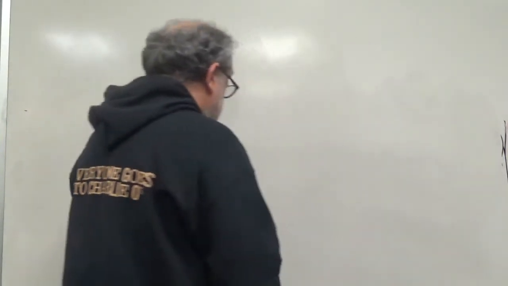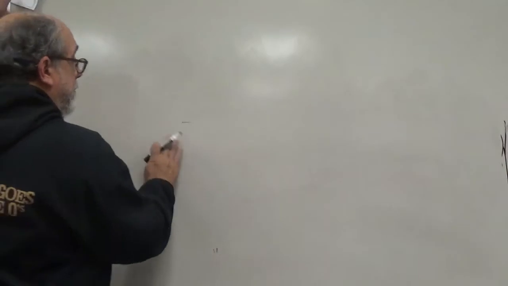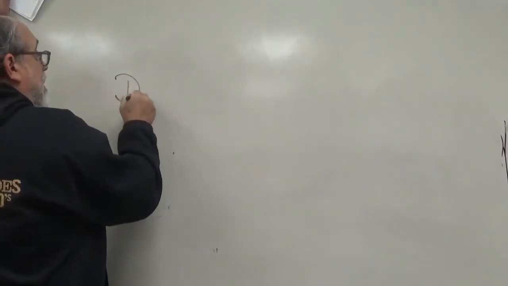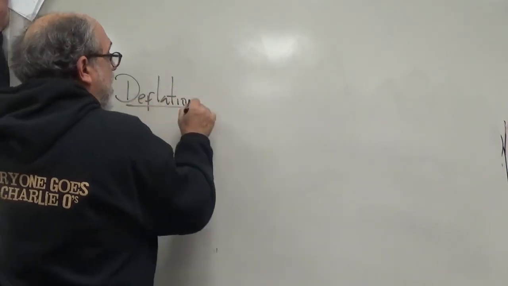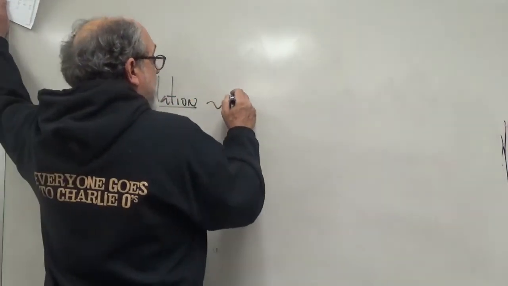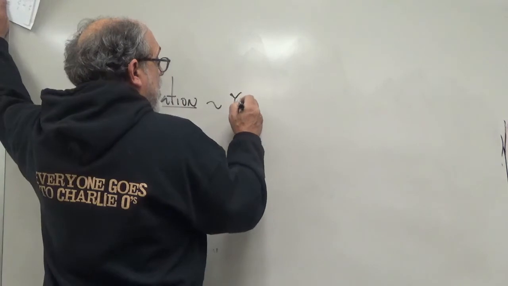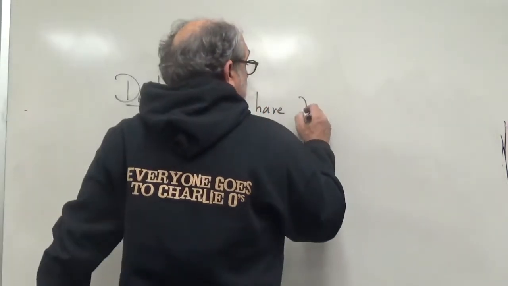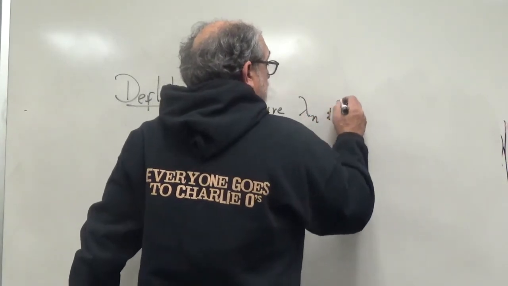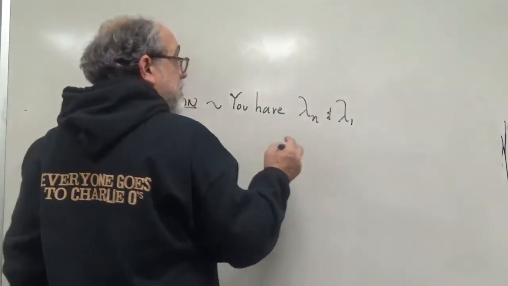And the idea is this. Say you have lambda n and lambda 1. You want lambda 2 now.